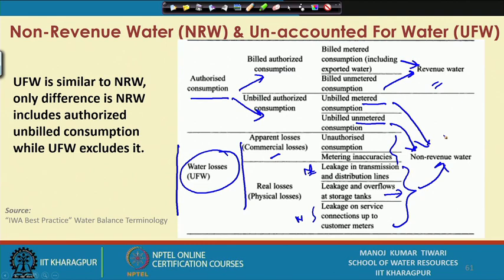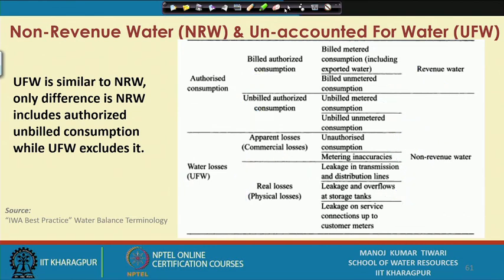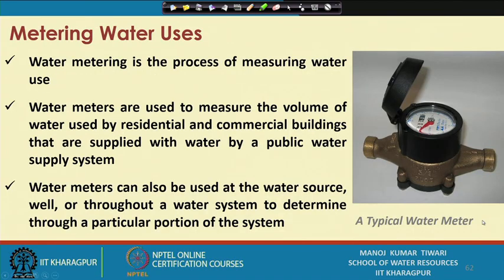That is the difference between UFW and NRW, where NRW includes authorized unbilled consumption also, while UFW does not include that. That way the estimate of losses can be made for water utilities.